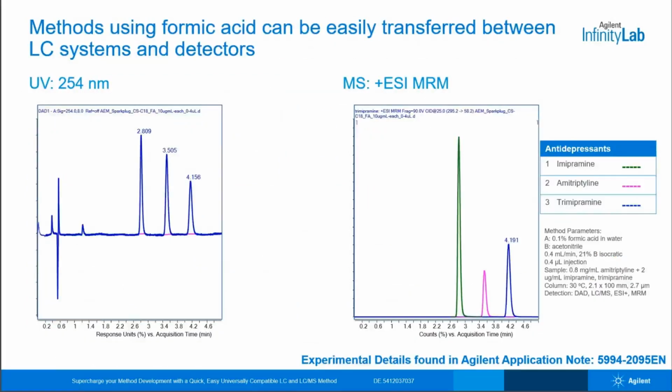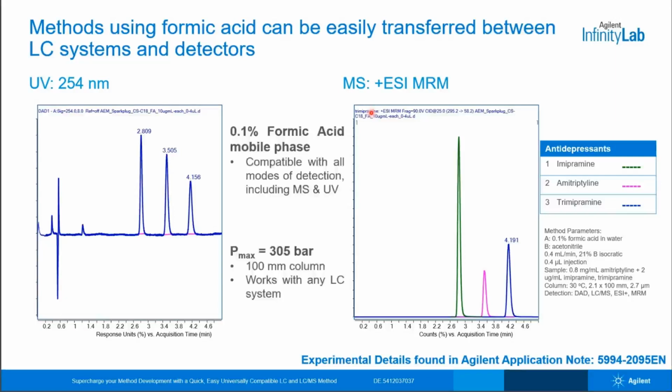Not only is formic acid mobile phase easy to use and sensitive, but it also is compatible with a variety of modes of detection, shown here with both UV and MS separation of antidepressants. The simple mobile phase works well with both instrument configurations.